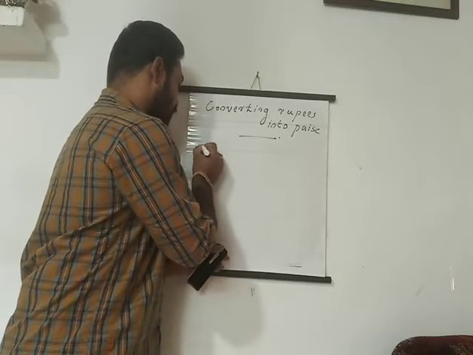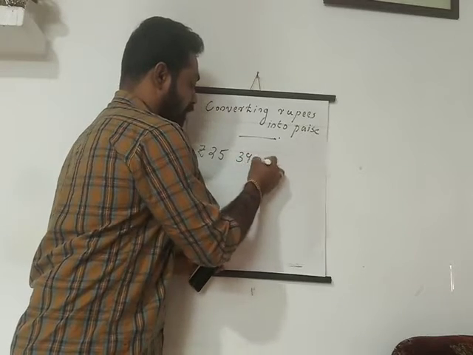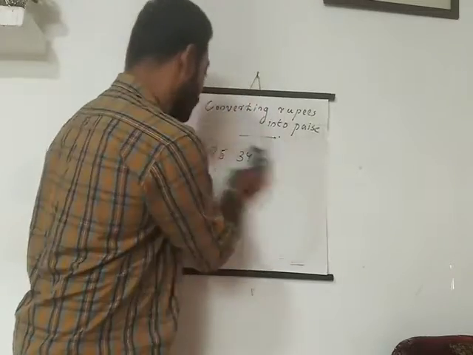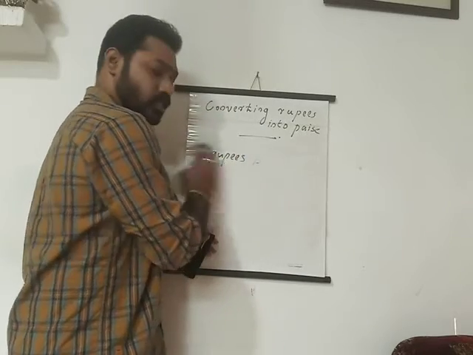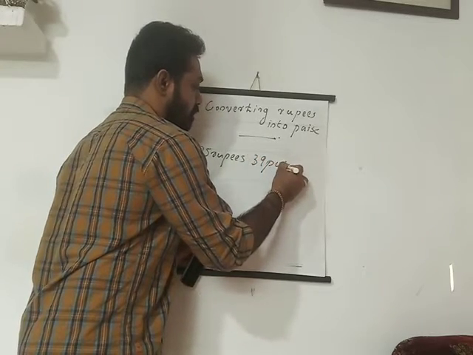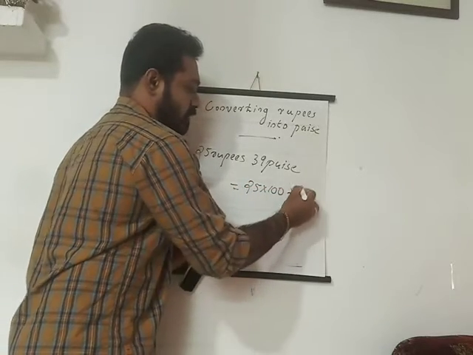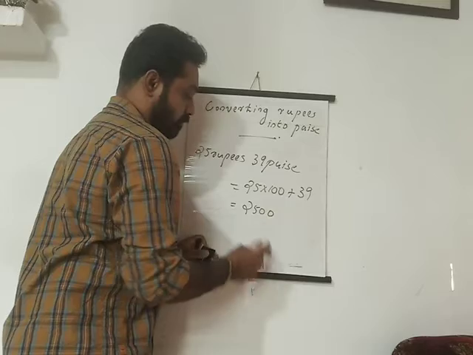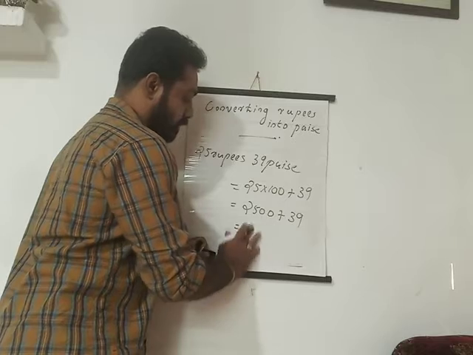One more example, rupees 25 and 39 paise. This one we need to convert. In your textbook it is given like this, 25 rupees 39 paise, or you can also use the symbol. 25 rupees means 25 into 100 plus 39. 25 into 100 is 2500, plus 39 is 2539.